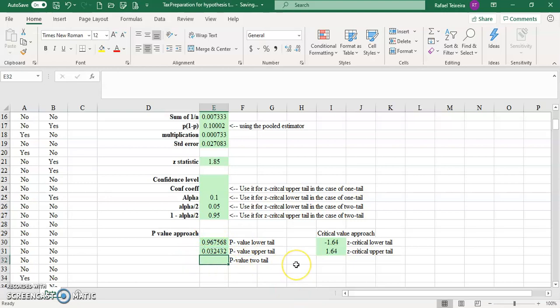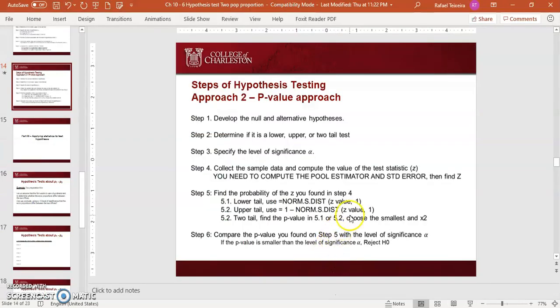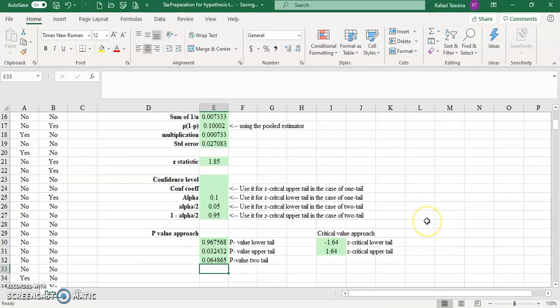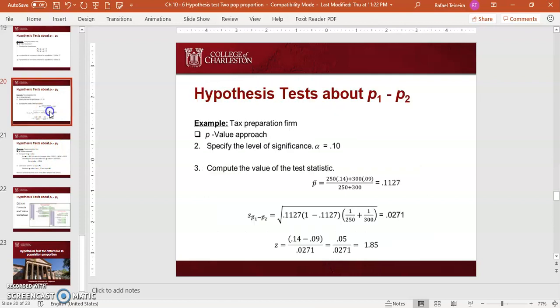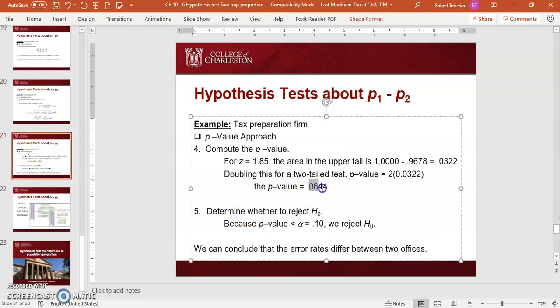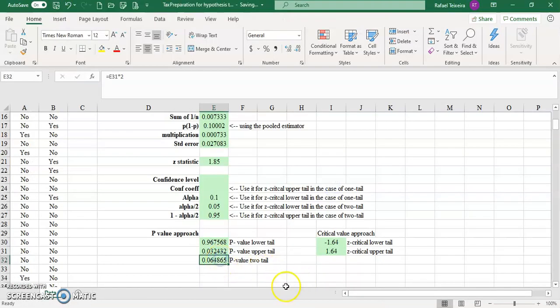So I'm going to multiply by 2, equal this number multiplied by 2. Remember, choose the smallest and multiply by 2. So the p-value is 0.0644, which is the same thing we have on the slides too. Okay?